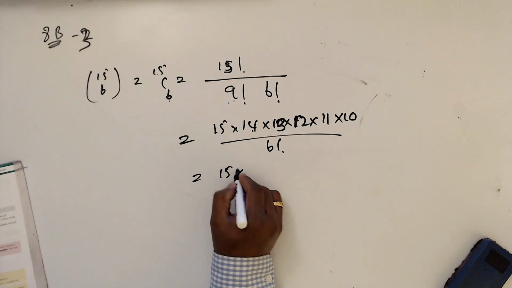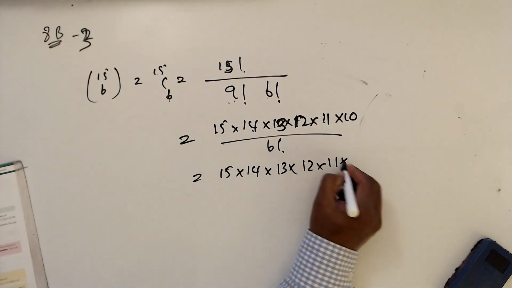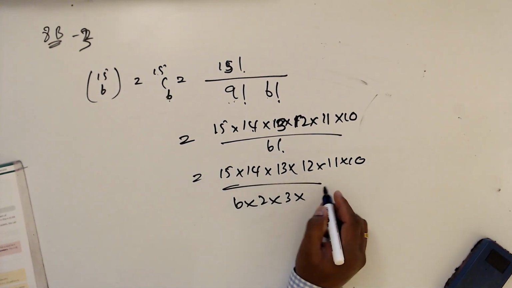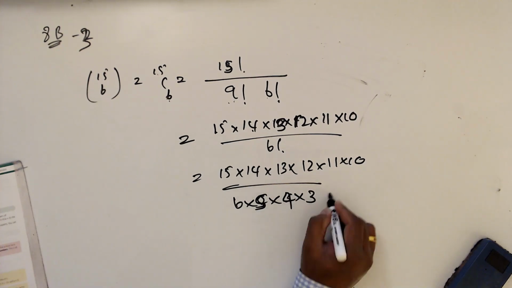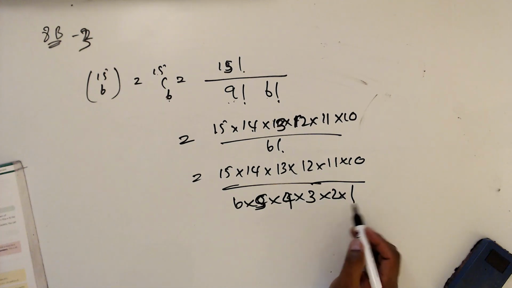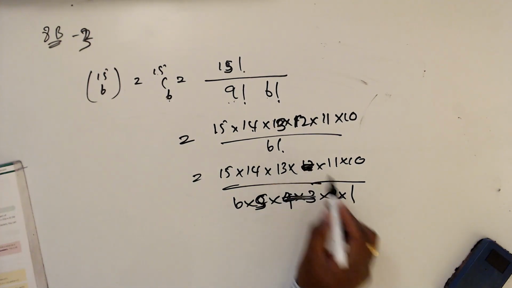So 15 times 14 times 13 times 12 times 11 times 10 divided by 6, 5, 4, 3, 2, 1. So 4 times 3, 12. 12 cancels out.